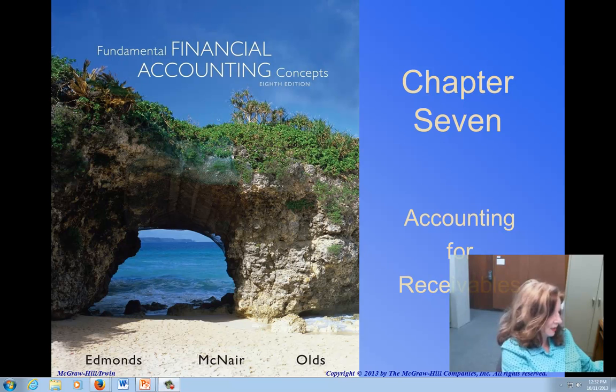Now, they go through a number of transactions, how to recognize the revenue. We've done that a number of times. Debit accounts receivable, credit sales, record the sale that the customer made. The collection: debit the cash, credit the accounts receivable, because they've paid you the cash now and the cash is going up and the accounts receivable is going down.